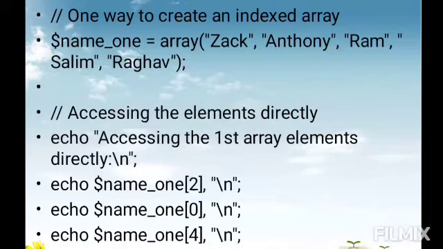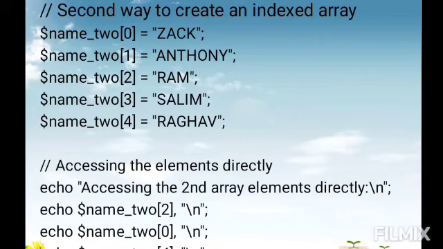Then we access the elements of that indexed array the normal C language way. Echo $name1 of 0 will print Zach, and $name1 of 2 will print Ram, etc. In this way, we can access the elements.